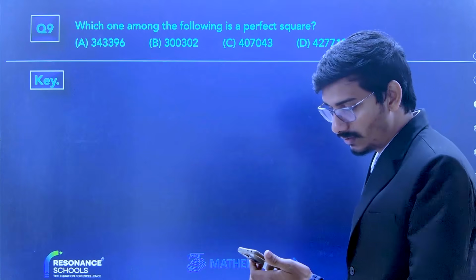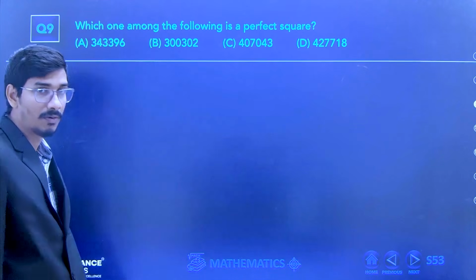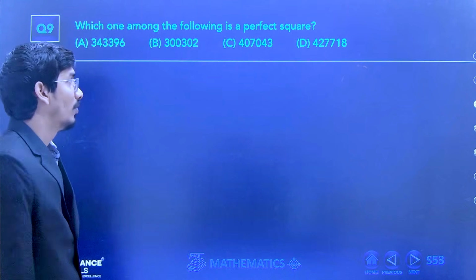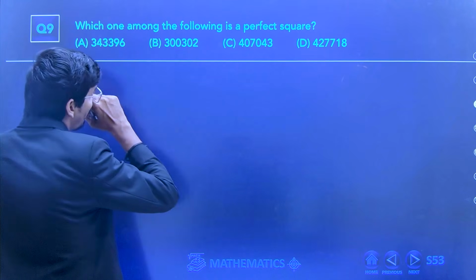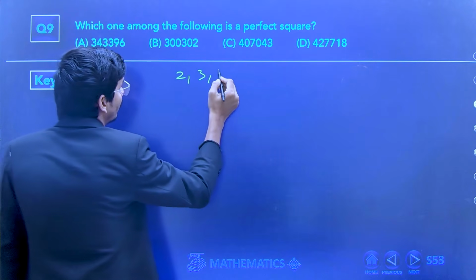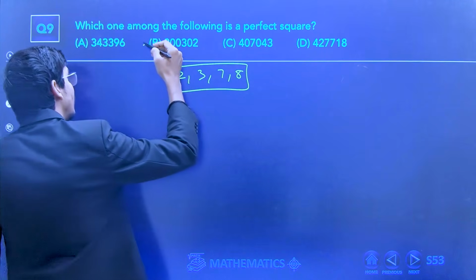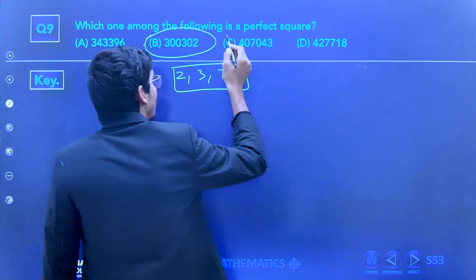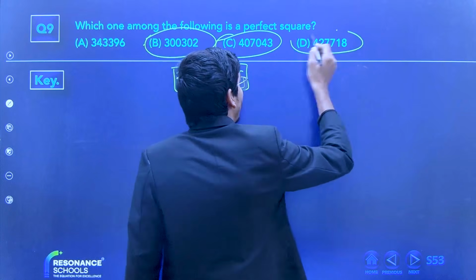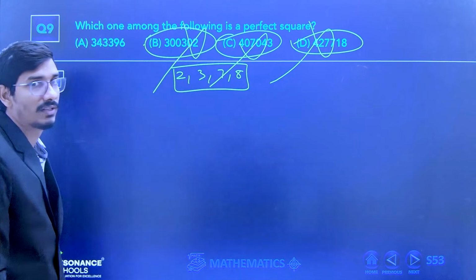When we are studying the properties of square numbers, we study that the square of any quantity will not end with the unit place 2, 3, 7 and 8. And in this case, the last digit is 2, 3, 7, 8. So this number is not possible, so this number is not a perfect square.